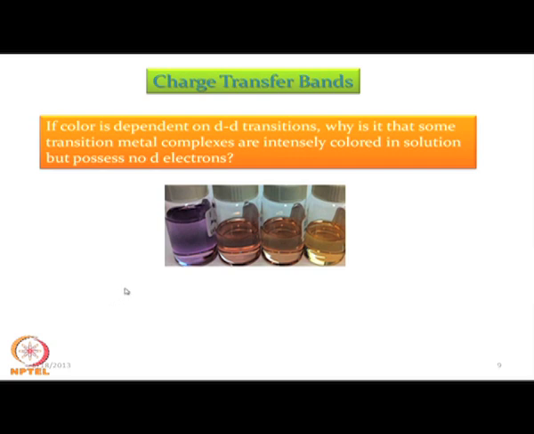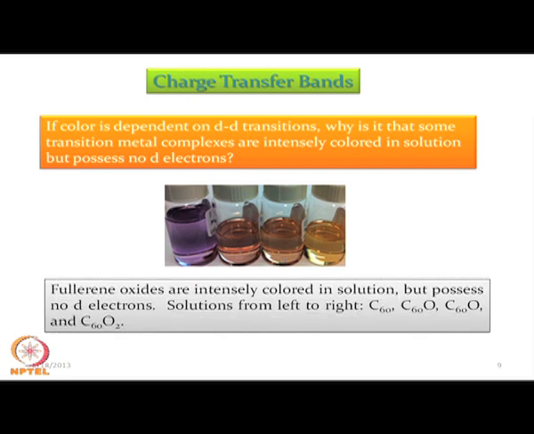Not only potassium permanganate, there are also some compounds where the metal is not present, and these are solutions which are colored, not colorless. We definitely have some transitions, like in a manganese 2 compound, which is light yellow to pink in color, but these are basically fullerene oxides.